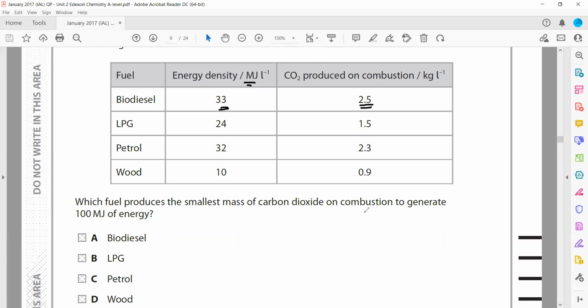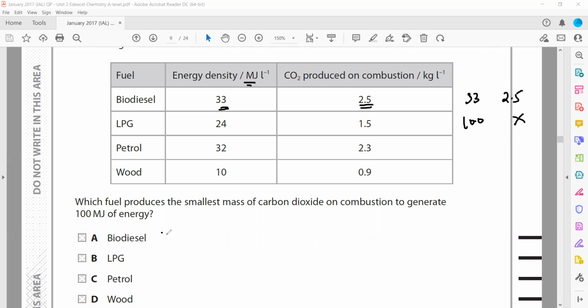For biodiesel, 33 is to 2.5. If you want to produce 100, then how much carbon dioxide will be produced? X. So cross multiply: 100 into 2.5 divided by 33, that's equal to 7.57.